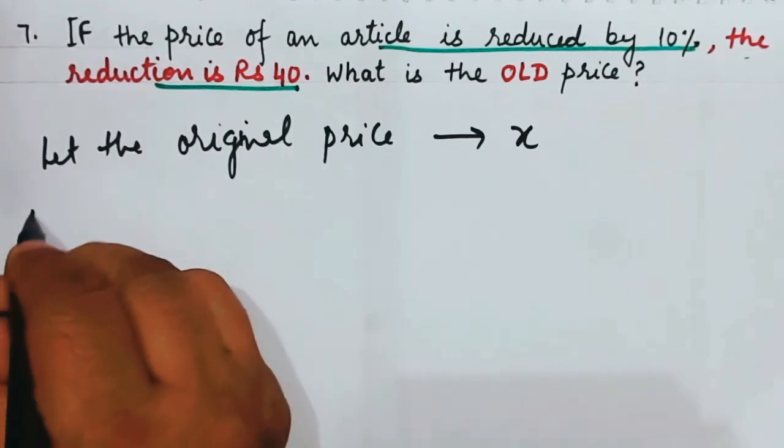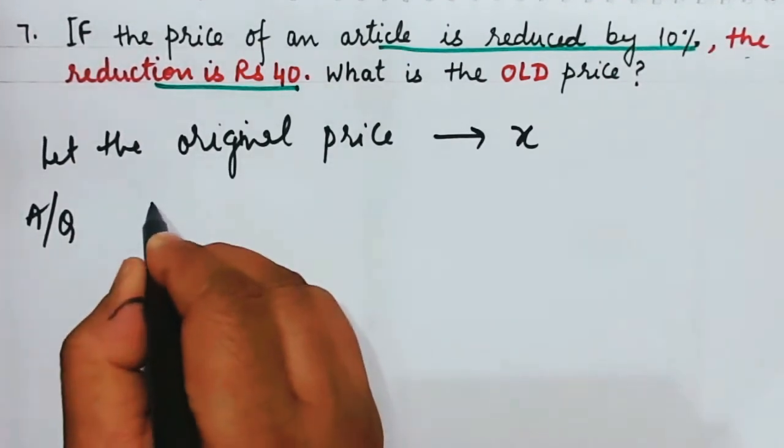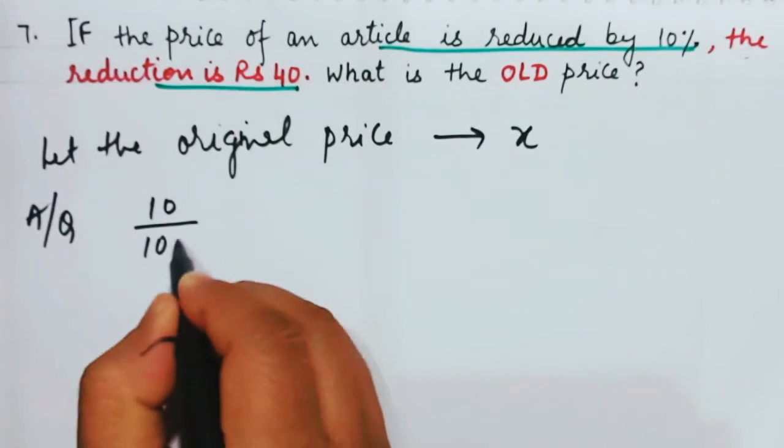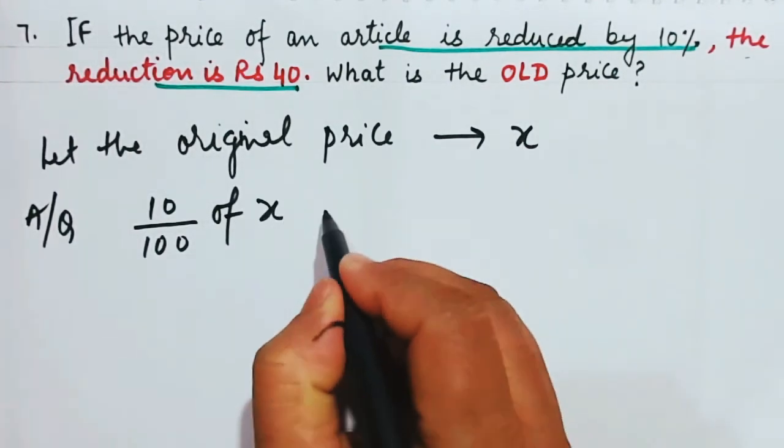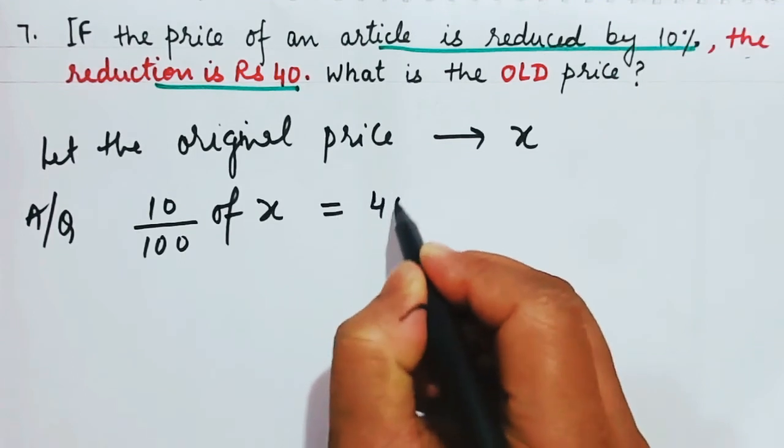This means according to the question, 10% of this particular amount X will be equal to 40.